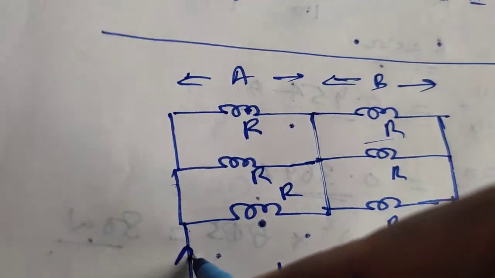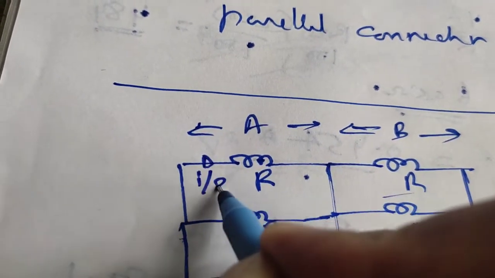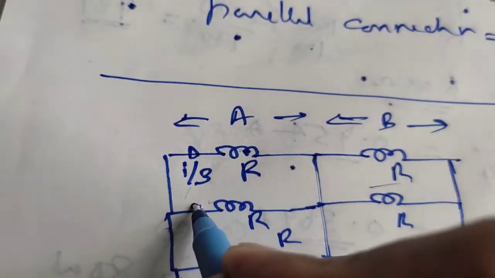Now if a current I is coming from here, it will be divided into I by 3, here also I by 3.